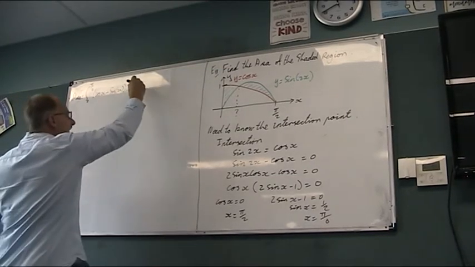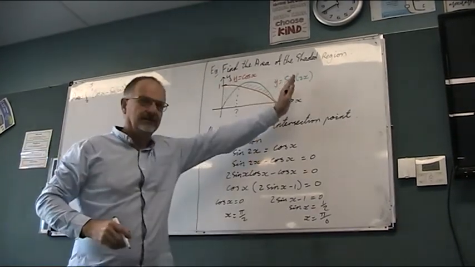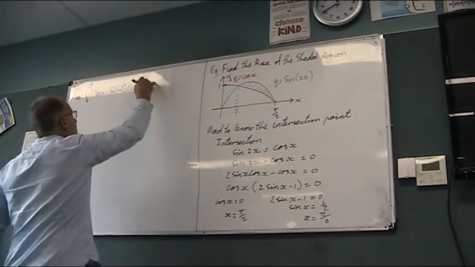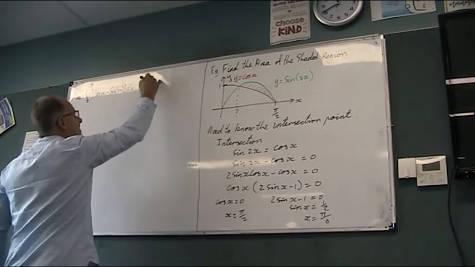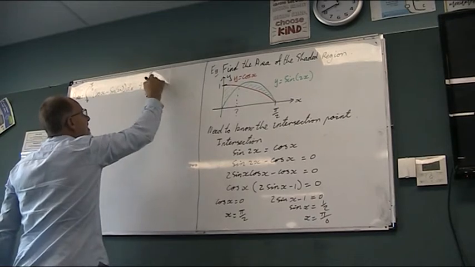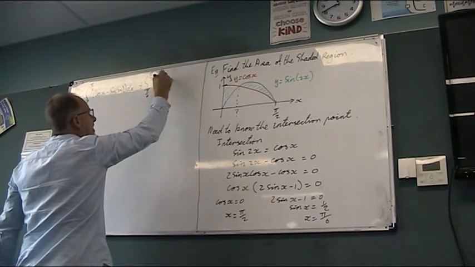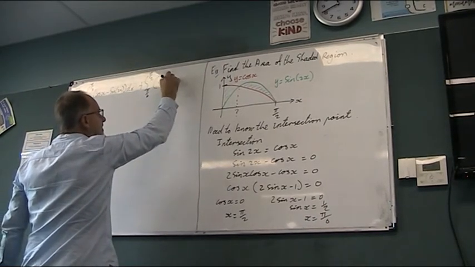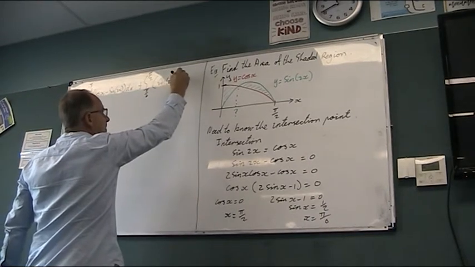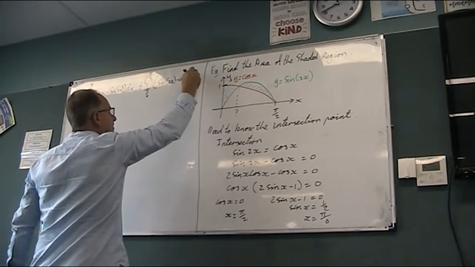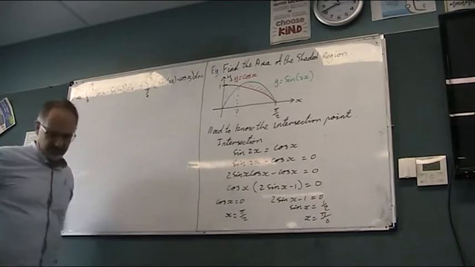And then we need to add that other bit. That other bit starts at pi on 6 and goes to pi on 2, and there sine is on top. So it's sine 2x minus cos x dx.